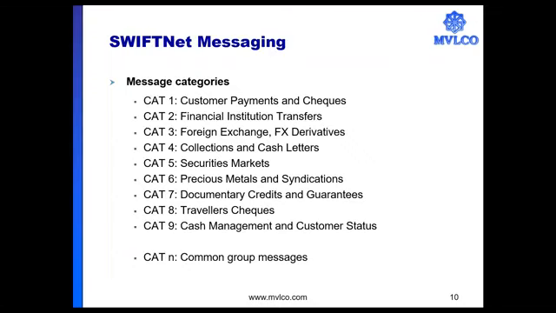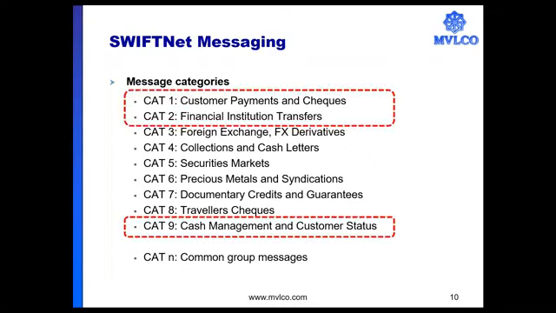In our discussion today, we'll be speaking about category 1 and category 2, and we'll also be speaking about category 9. Now when we speak about the N category, there are typically 7 types of messages: N90, N91, N92, N95, N96, N98 and N99, which is a free format message.